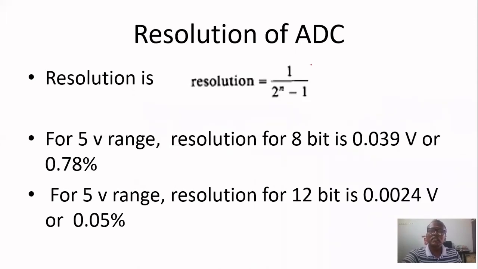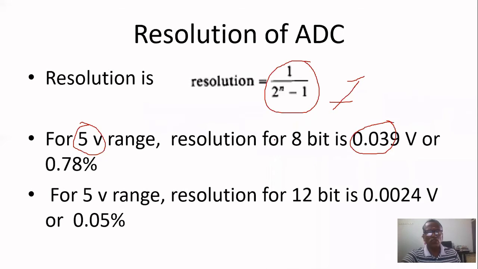Then we have seen what the resolution of the ADC is. Resolution is the minimum change in the analog value that can be sensed by the ADC. If its range is 0 to 5 volts and it is 8 bit, the minimum voltage that it can sense is 0.039 volts or 0.78%.